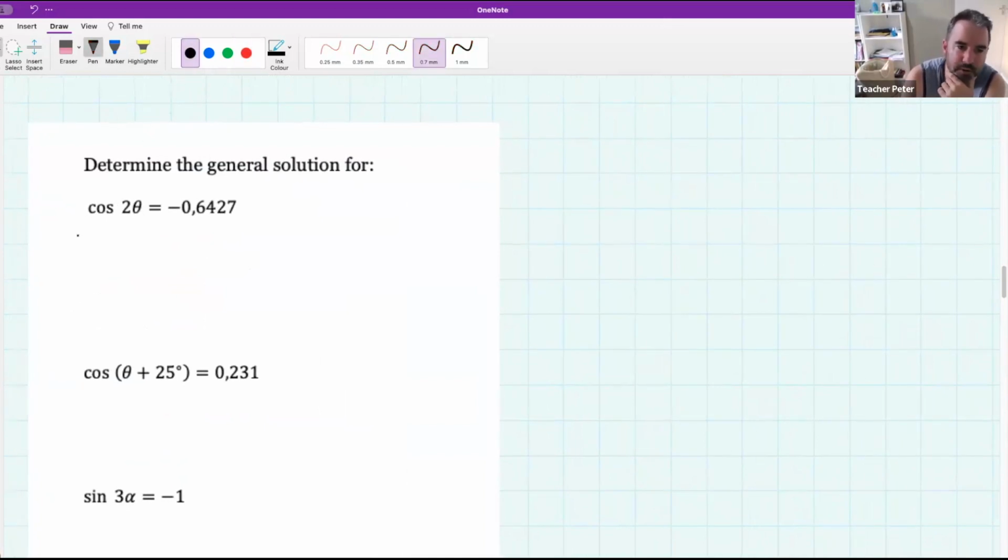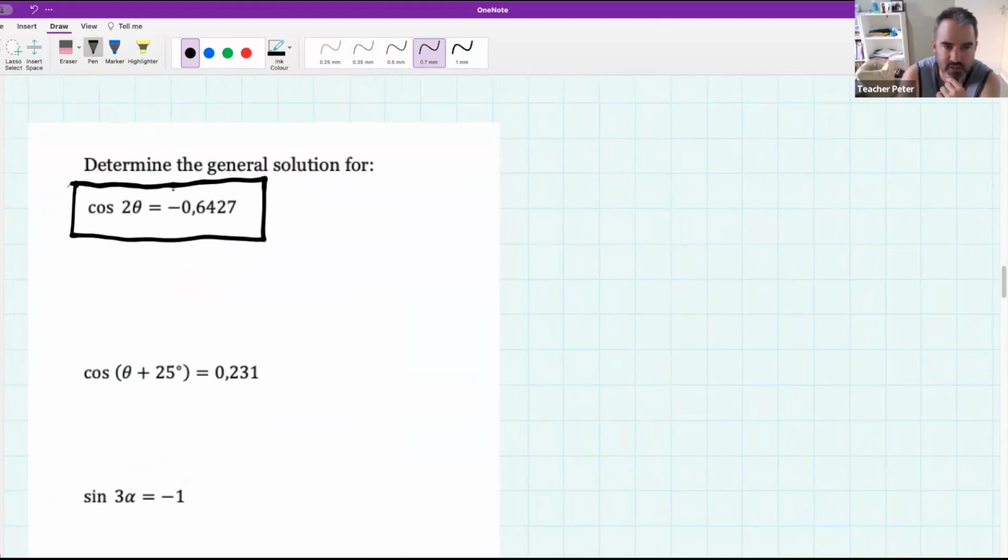Let's start by asking what is different about this trig equation compared to the ones we've done so far. Who can spot something different about these, or this one in the black box at the moment? What stands out to you as different?